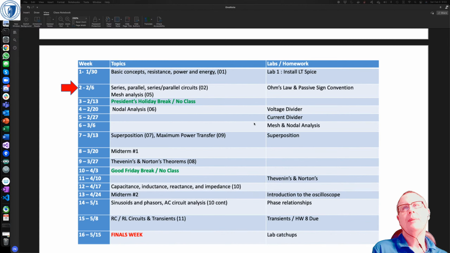The main things I want to do today are talking about series and parallel circuits and combination circuits, things called Kirchhoff's voltage law and Kirchhoff's current law, and probably do some background on linear algebra. We probably won't get to mesh analysis, but let's see how we go.